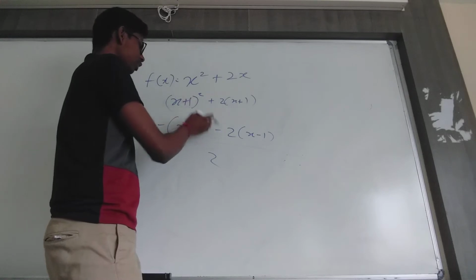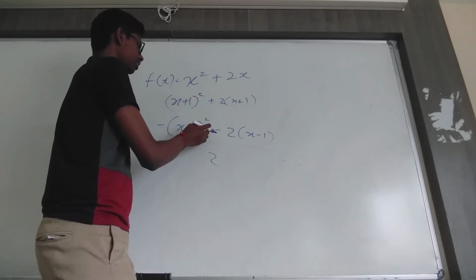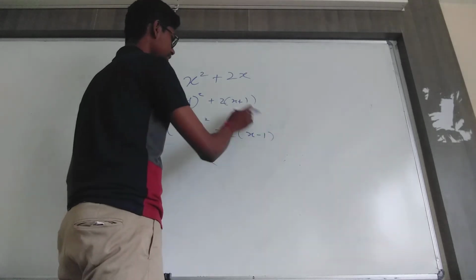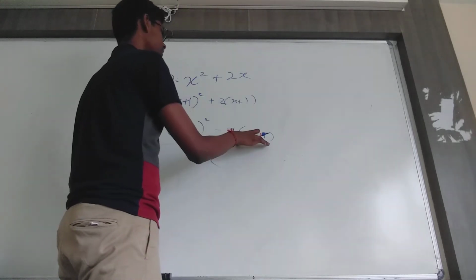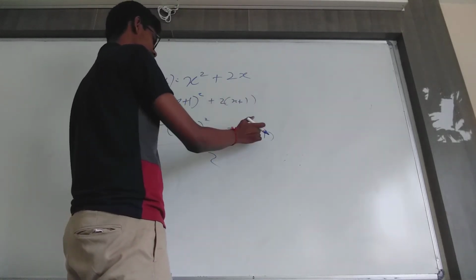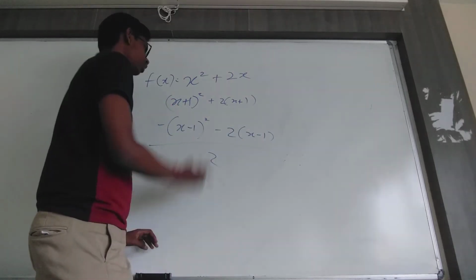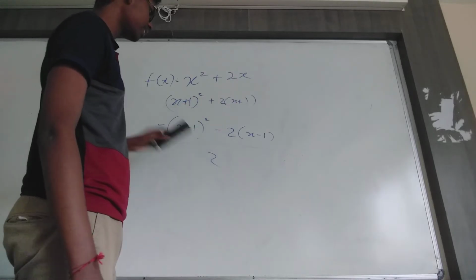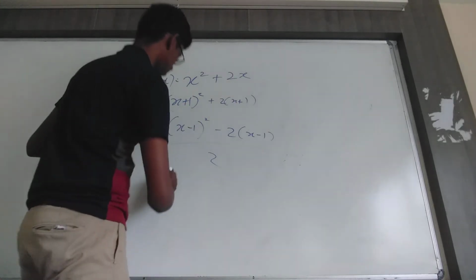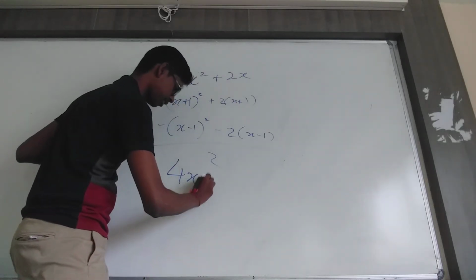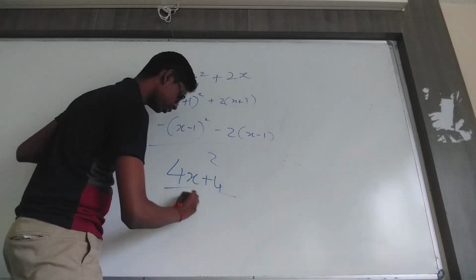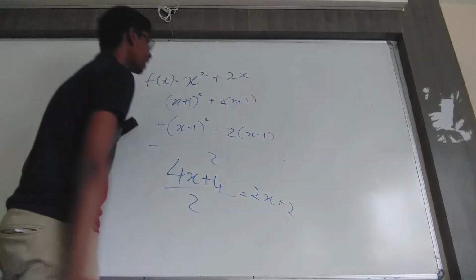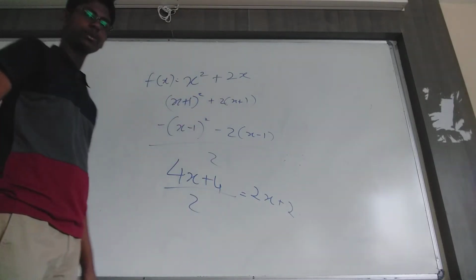So this one is going to be, as I showed, 4x, and the average of these two is going to be just 2 times 1 minus 2 times minus 1. So it's going to be 4. So it's 4x plus 4 by 2, or in other words, this is equal to 2x plus 2, and 2x plus 2 is the derivative of x squared plus 2x.